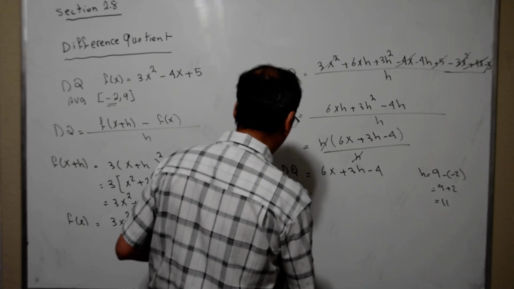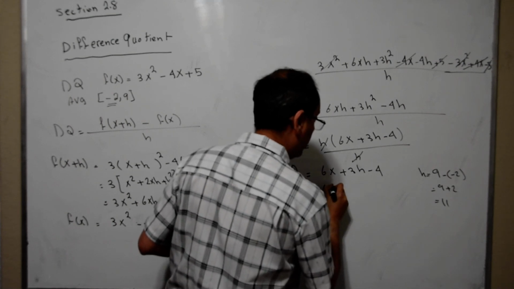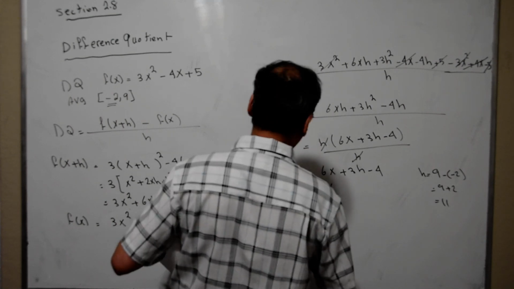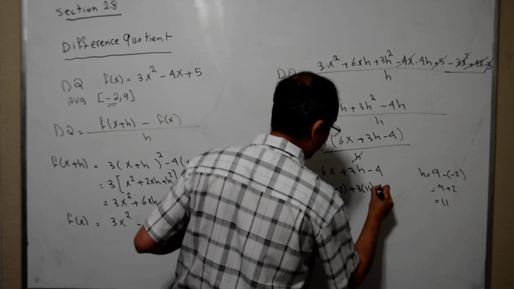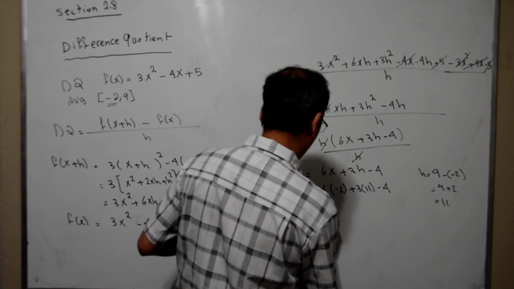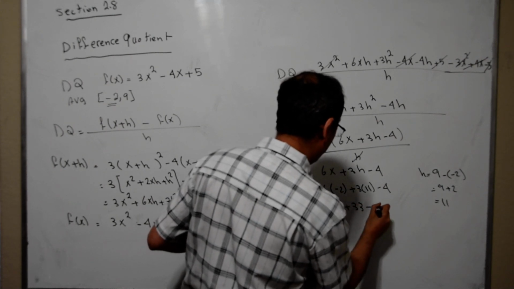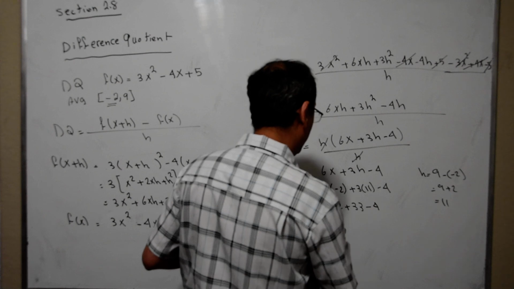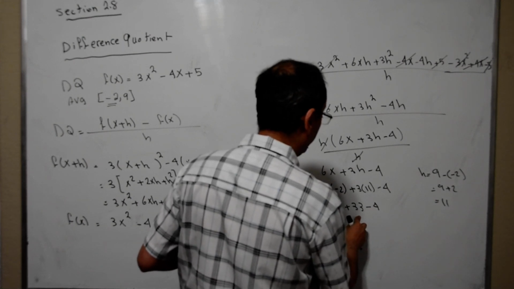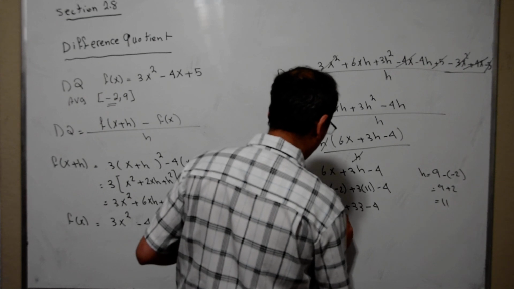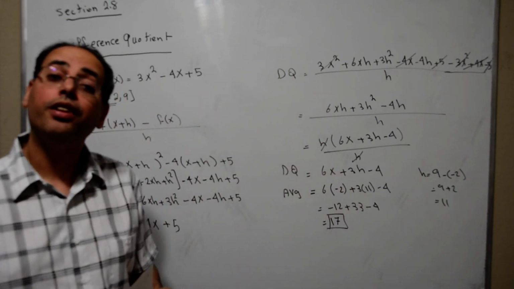So the average rate here is 6 times -2 plus 3 times 11 minus 4. So I get -12 plus 33 minus 4. So this is -16 plus 33 is 17, and this is the answer. Thank you.